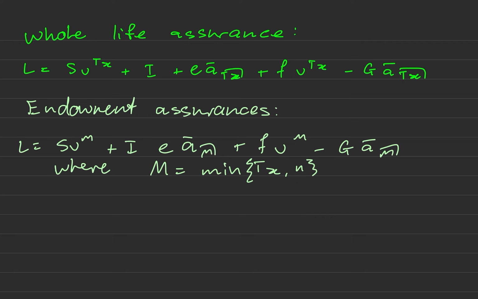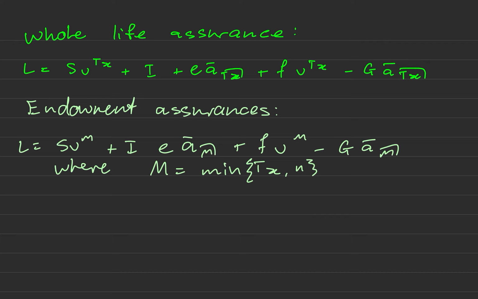Okay, my initial expenses are no different to the whole life assurance in that they'll be incurred at the start of the contract regardless of whether this person dies or survives. Then my renewal expenses will terminate either on death during the contract or on survival to the end of the contract.